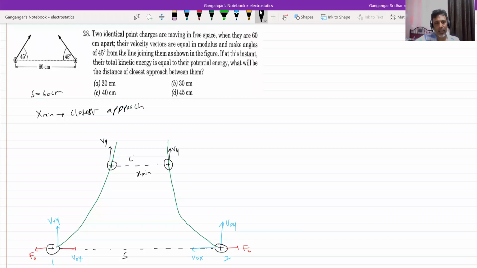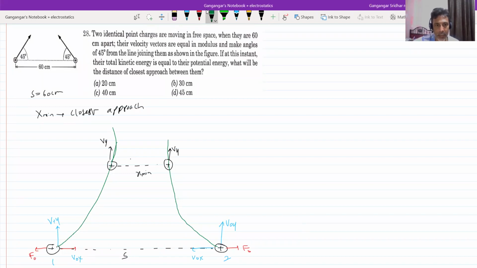So look at here. You can ask, sir, what will happen to that x component? The position at which the initial x component of velocity becomes 0, only then they'll be closest. Very next moment, what will happen? They will deviate away.